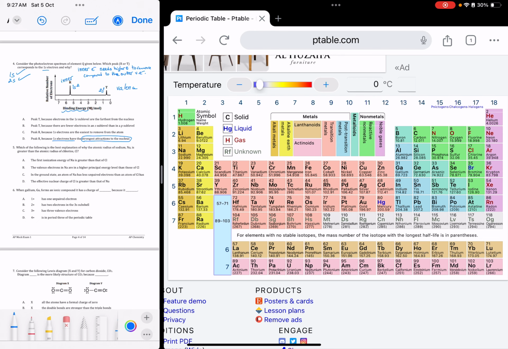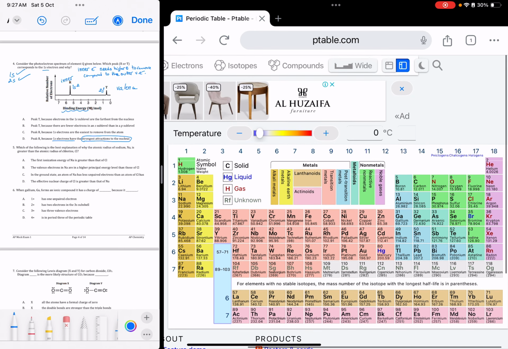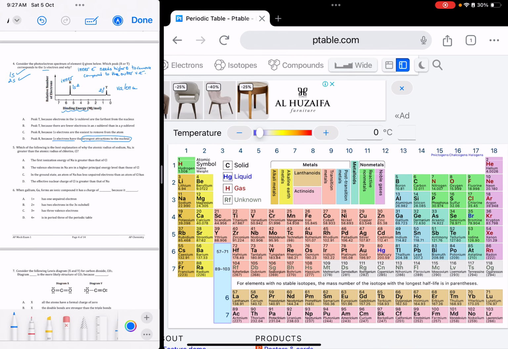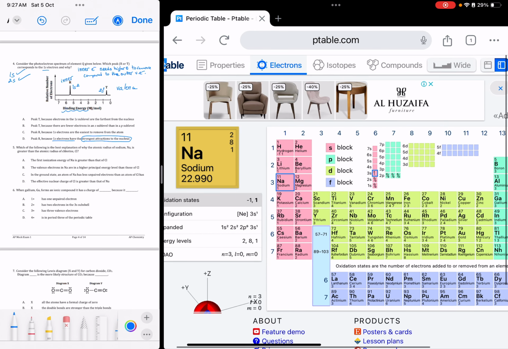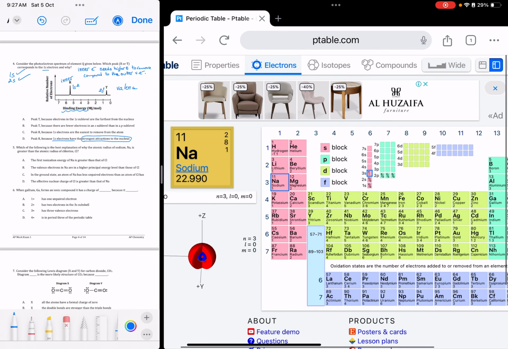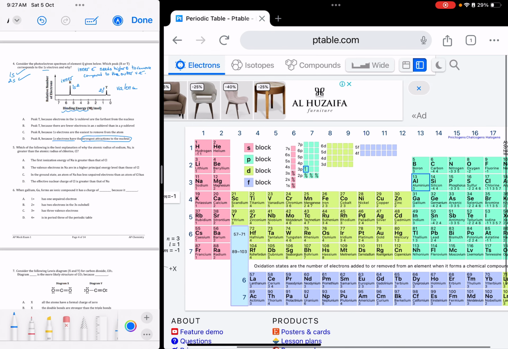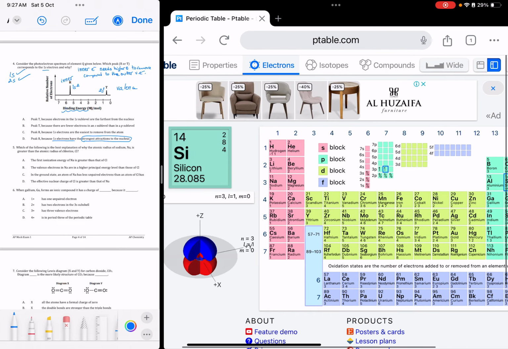Now, according to the periodic trends, the atomic radii decreases across the period. As I'm going from left to right, this is sodium, this is magnesium, it gets smaller. This is aluminium.